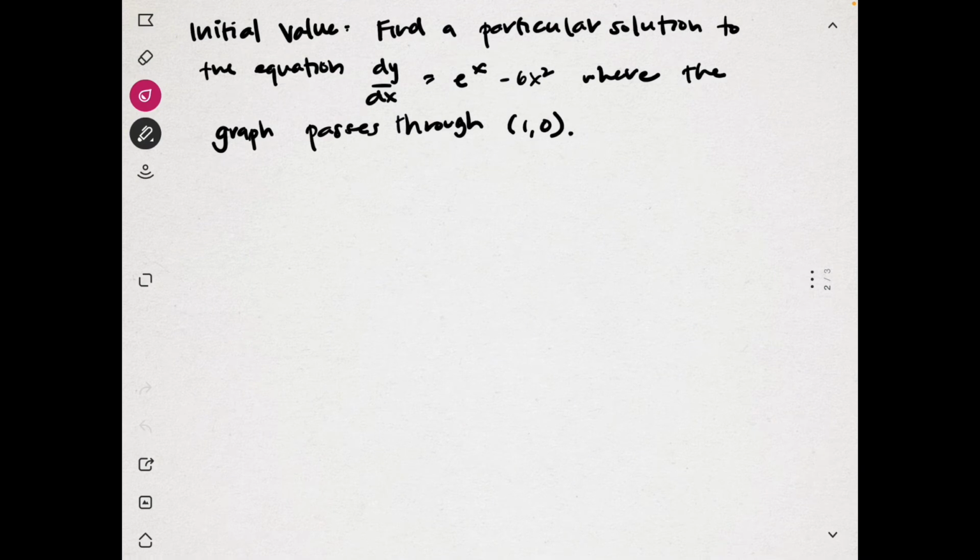Okay, initial value problem. It says find a particular solution to the equation dy/dx is equal to e to the x minus 6x squared, where the graph passes through (1, 0). So the first thing we're going to do is find the antiderivative. So we're getting the integral of e to the x minus 6x squared dx.